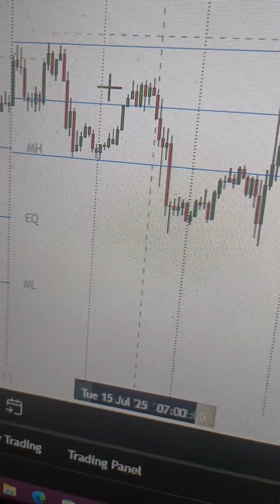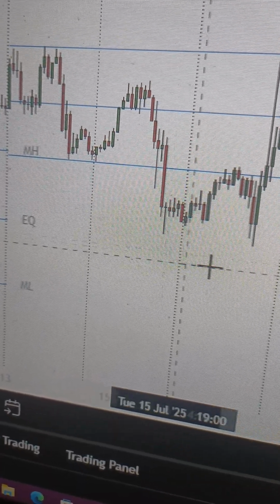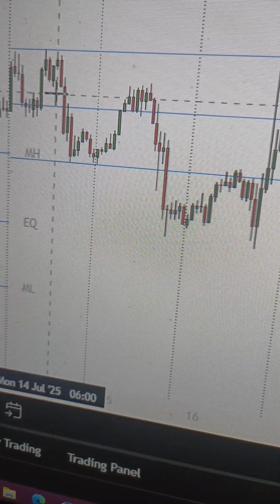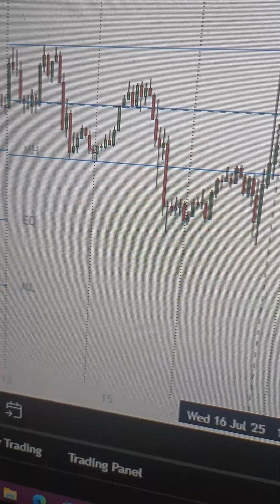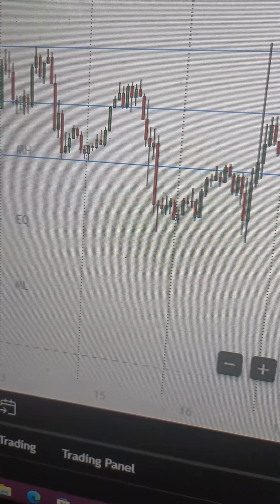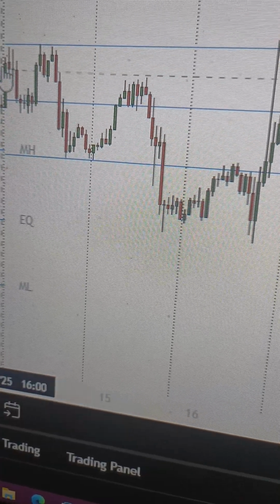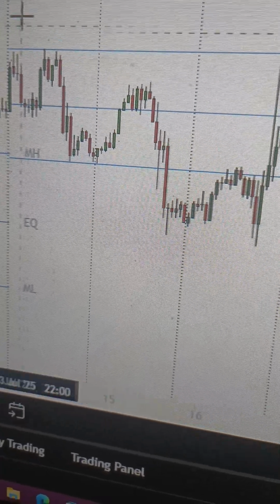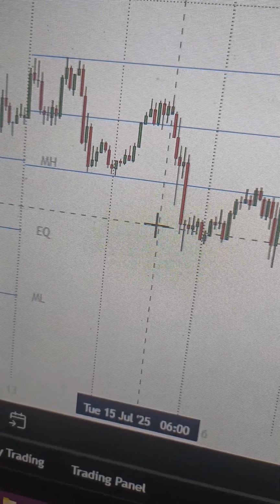So we want a break and continuation. If we are retesting, we are still bearish. The limit we should go to would be 50%, and then we go down. So this acts as our support and resistance, our areas of interest. So let's see from here. Did we have a break of structure, right?